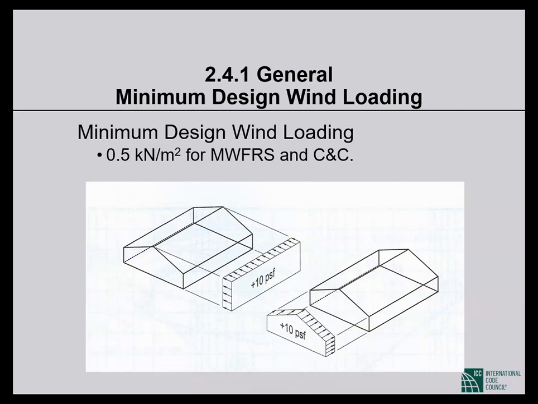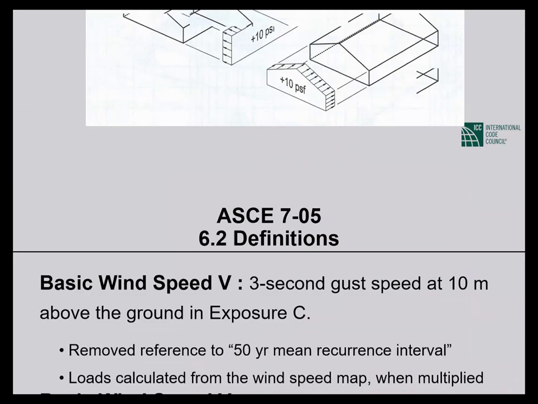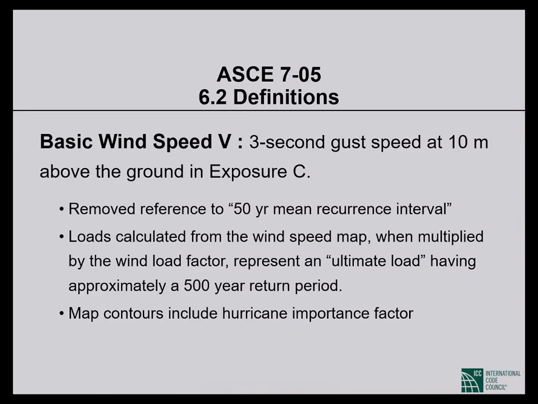The idea is not that where the calculated pressure drops below 10 pounds per square foot, we make it equal to 10 pounds per square foot. No, we design for the calculated pressure distribution, and as a separate load case, we design for 10 pounds per square foot uniform acting on the wall as well as the vertical projection of the roof. Okay, so this is a separate load case. That's very, very important to emphasize and to understand.